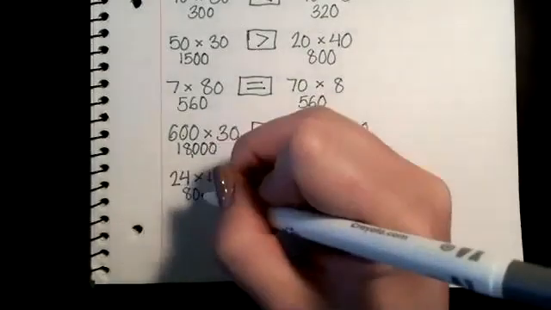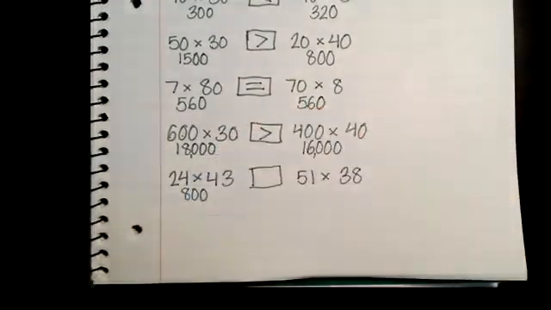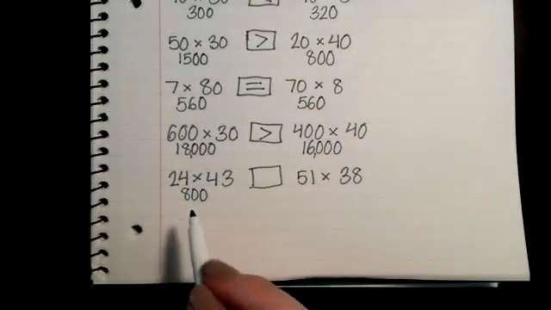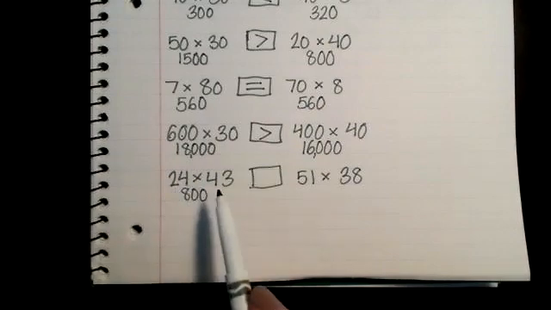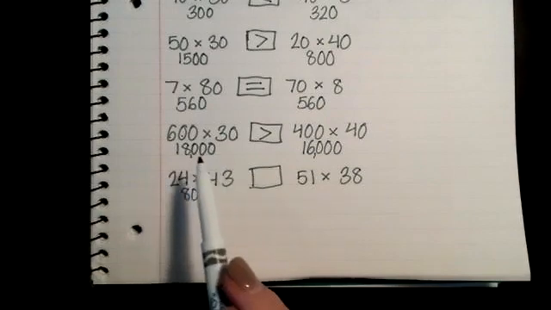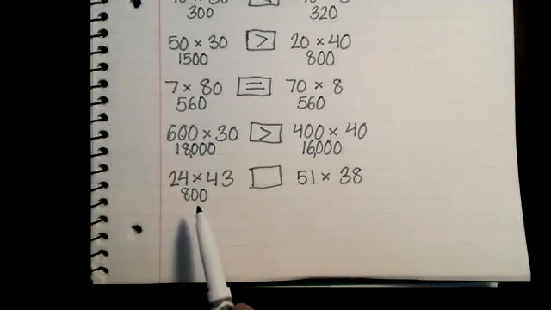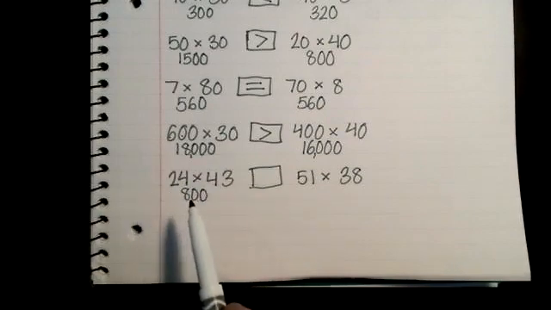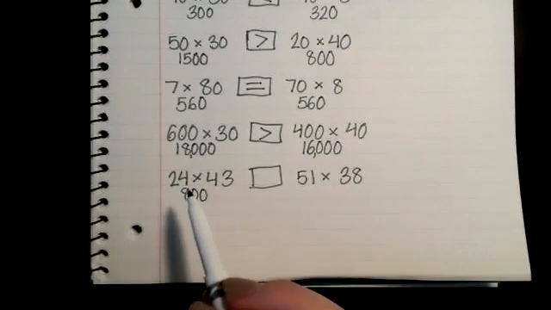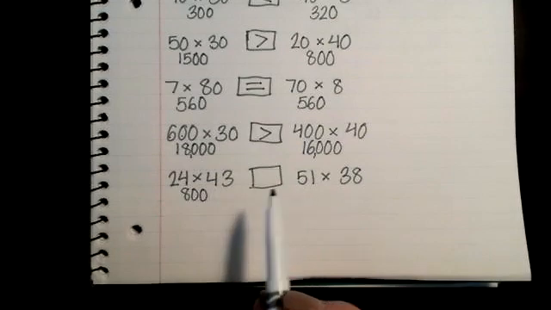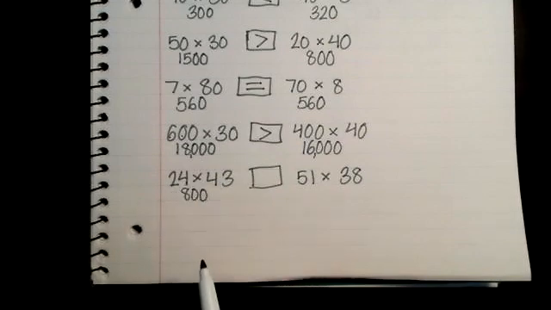And then the 40 has a 10 in it, so that's going to become 800. All right, so I have 800. Again, I'm not worrying about the ones right now. I'm just trying to get my closest estimate, or I guess it's not an estimate, it would be rounding. I'm rounding to the closest big number so that I can figure out which one of these is going to be greater without getting the nitty-gritty little details.